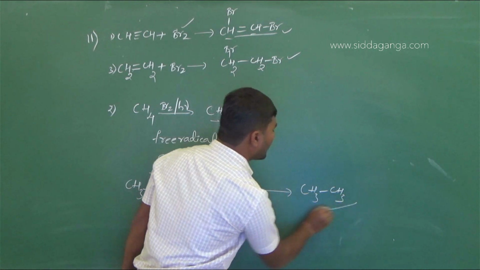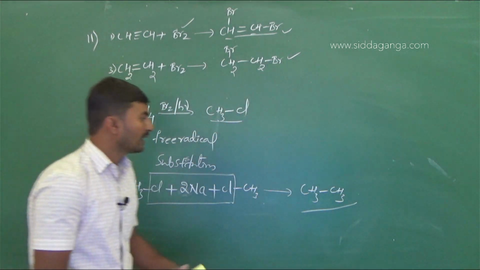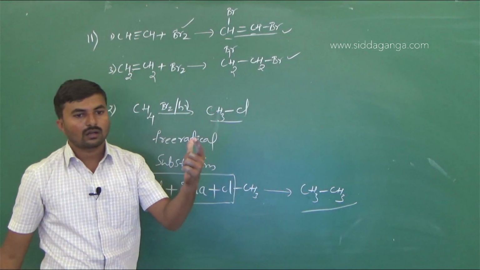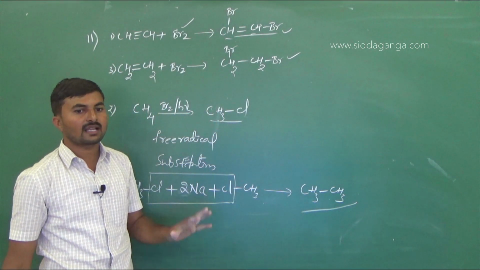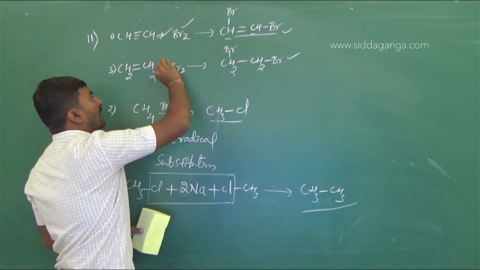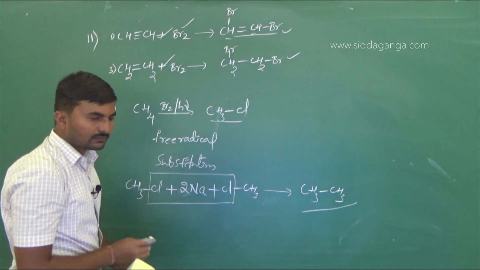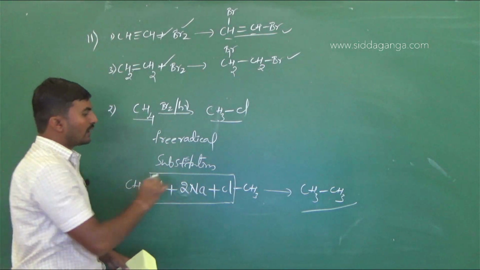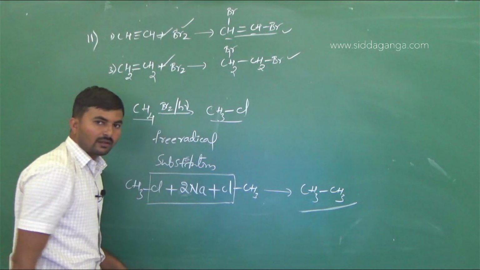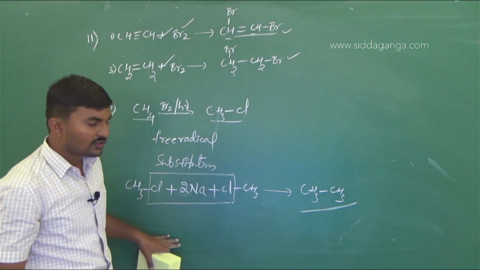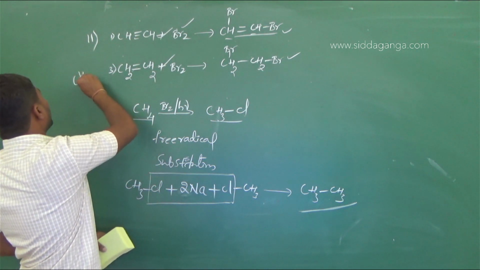We are going to get CH3CH3, that is the ethane molecule, having two carbon atoms. That means what we need is a hydrocarbon containing less than 4 carbon atoms. So these two undergo addition reactions, whereas if CH4 methane is used, we get ethane, which has fewer than 4 carbon atoms. The last option is ethane.